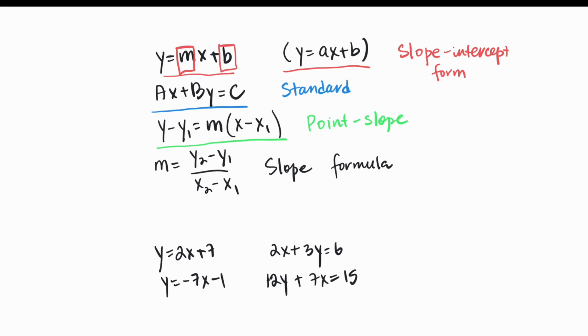In point slope form, y1, m, and x1 will turn into numbers. So an example of a point slope form could be y minus 7 equals 1/2 times x plus 12. So here in this example, your y1 is 7, your m is 1/2, and your x1 is negative 12.